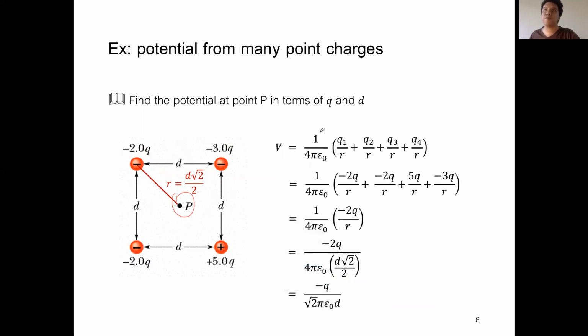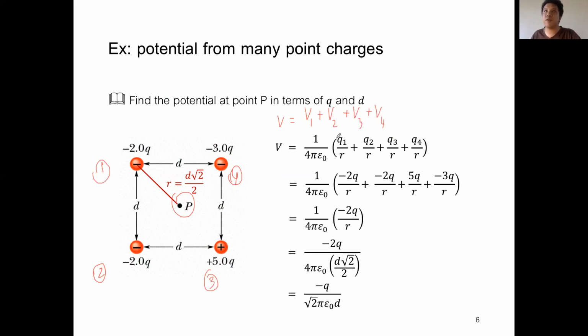We label the charges as number 1, number 2, number 3, and number 4. We find the total potential as the potential from 1, potential from 2, potential from 3, and potential from 4.